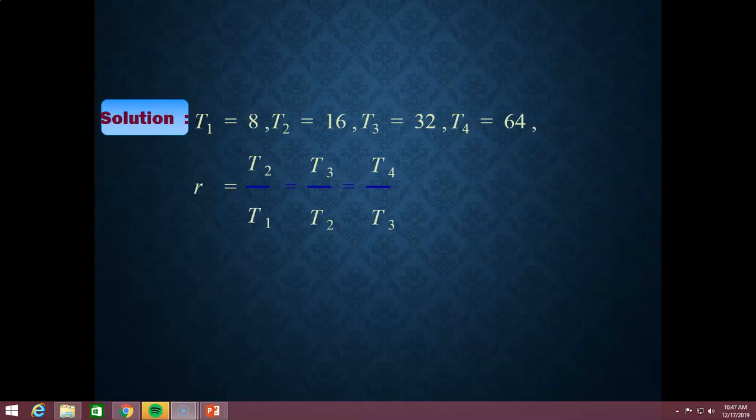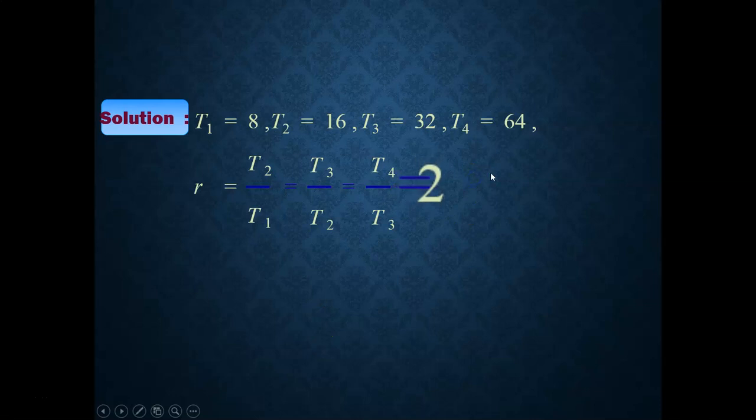You can find the common ratio, and the common ratio is always Tn over Tn minus 1. So the common ratio is 16 over 8, which is 2, 32 over 16, which is also 2, and 64 over 32, which is also 2. And your a is equal to 8.